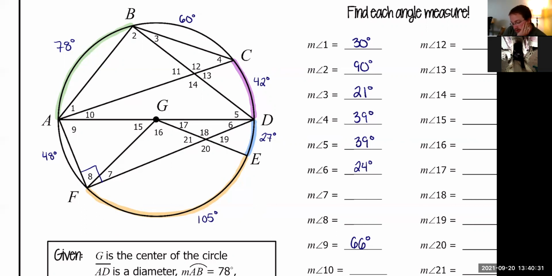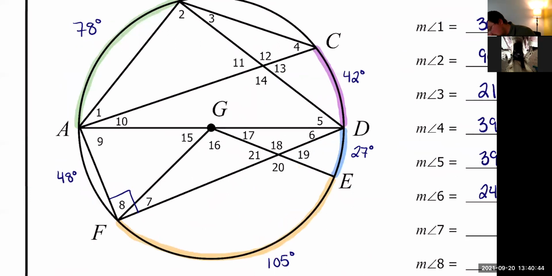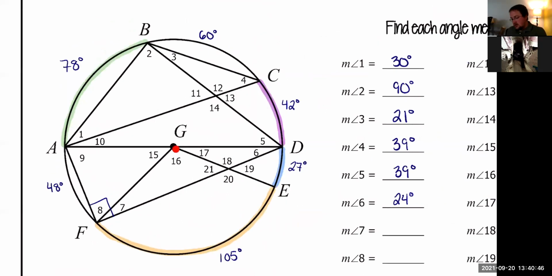Now, we may not know it yet, but we actually can work our way backwards to find 7 and 8 because we have enough information here. Take a look at this circle. What's special about point G? It's the center of the circle. So let me ask you this.